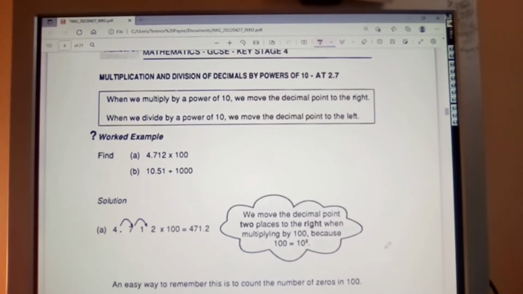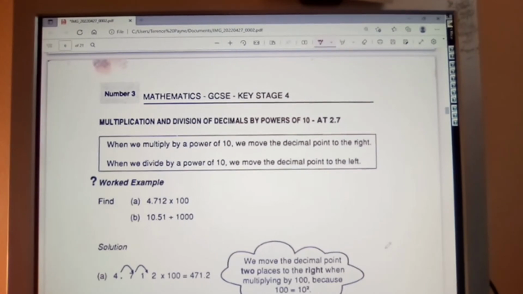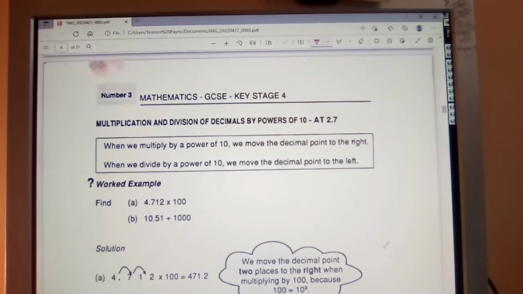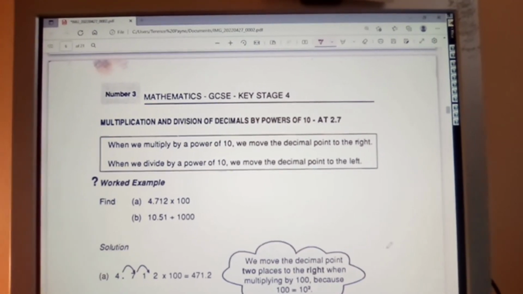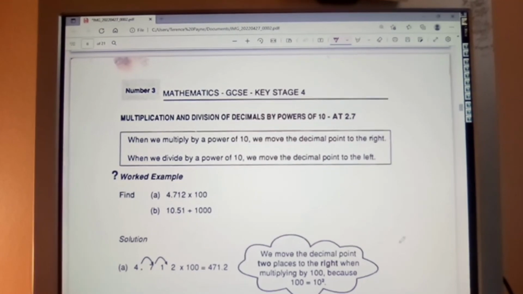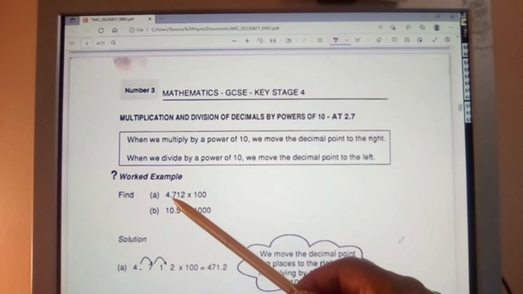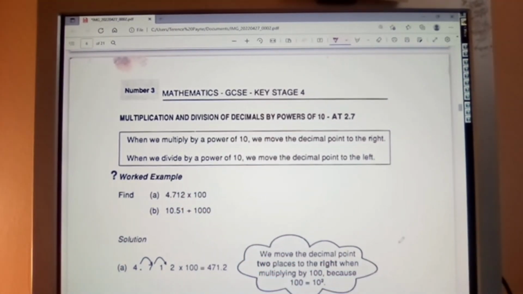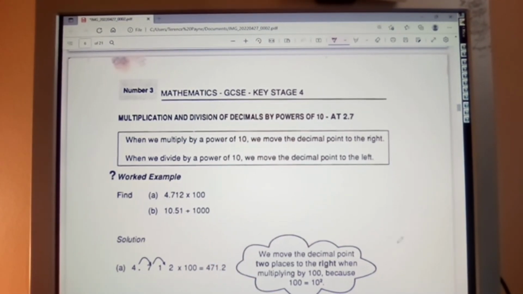So what we're going to look at next time is multiplication and division of decimals by powers of 10. And you can see here, for instance, 4.71 times 100, 10.51 times 1000, and so forth.